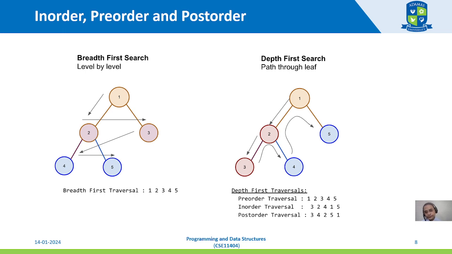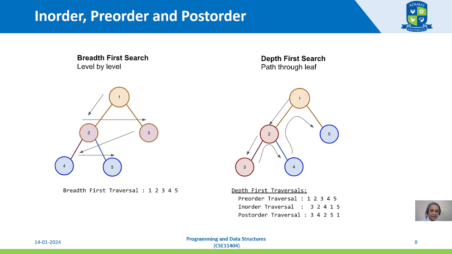This is how it is traversed. Now when we talk about the pre-order traversal, you can see the root node is placed at the first position, then the second, the left child node 2, then the left child node of 2, that is 3, then the right child node of 2, that is 4, then the right child node of root 1, that is 5.